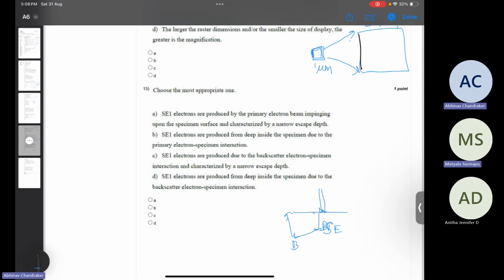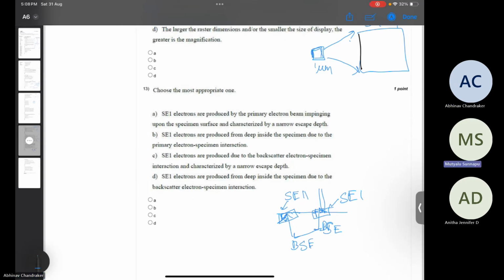Even they can generate SEs when they are near the surface. Or the primary electrons itself can generate SEs. If the primary electron is generating, it is called SE1. If it is by BSE, we denote it by SE2 to differentiate between them.